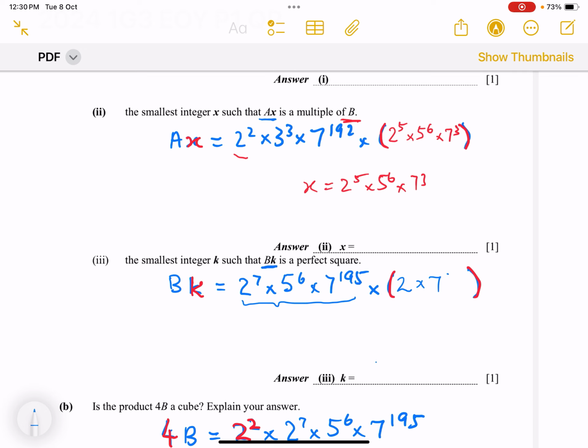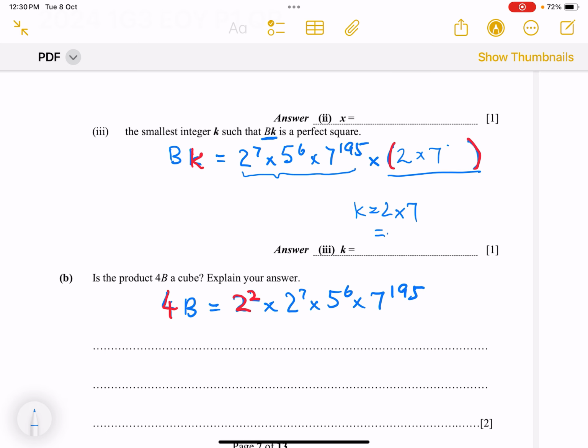Therefore k must be 2 times 7. Right, this is k. We have to leave our answer in index form, so we leave our answer as 2 times 7.